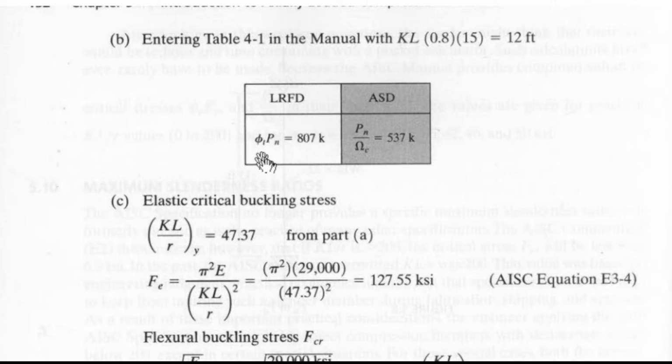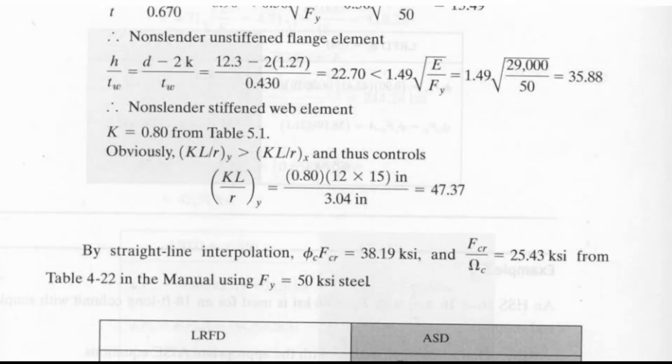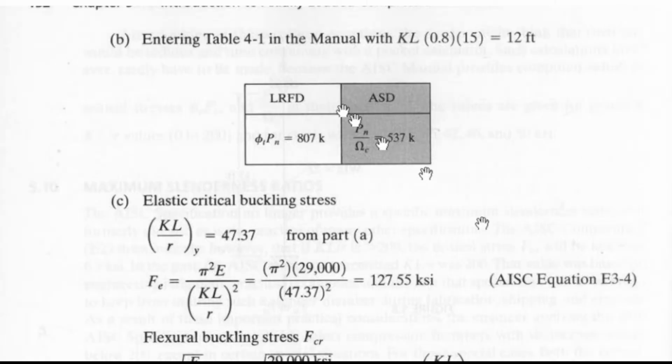From the table. So take a look at the table from 0 to 200. So there is a very thick table. So you can have this and verify. Compare that. So table 4-22, 805.8. Table 4.1, 807.